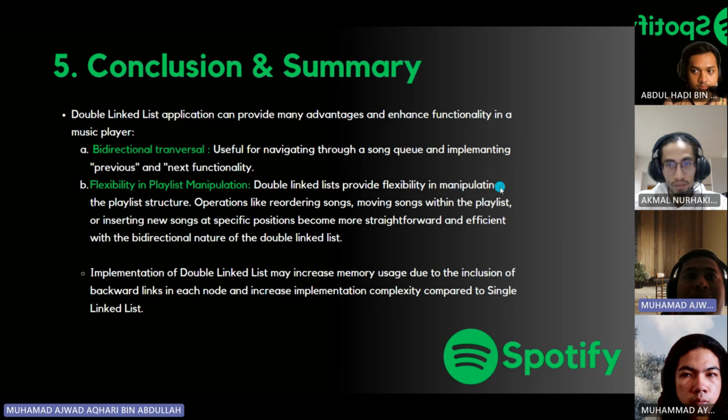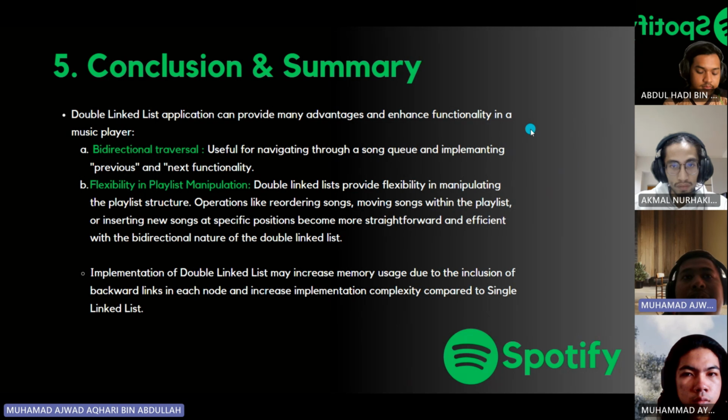And the second, flexibility in playlist manipulations. Double linked lists provide flexibility in manipulating the playlist structure. Operations like reordering songs within the playlist, or inserting new songs at specific positions become more straightforward and efficient with the bidirectional nature of the double linked list.